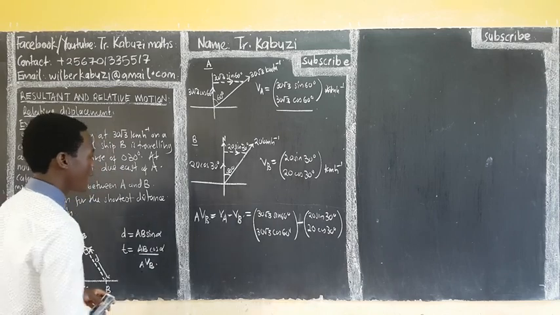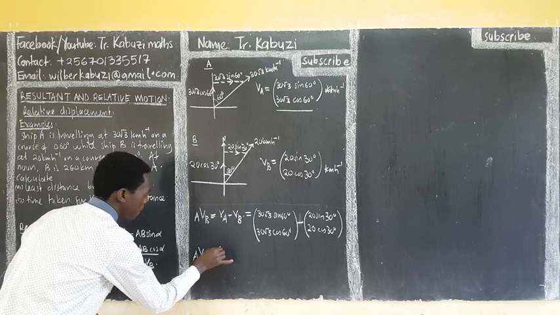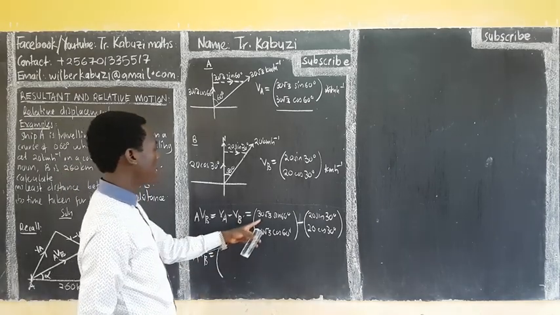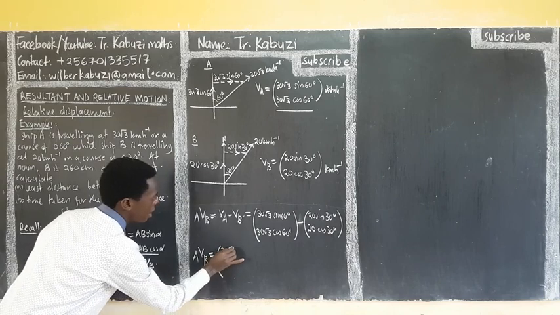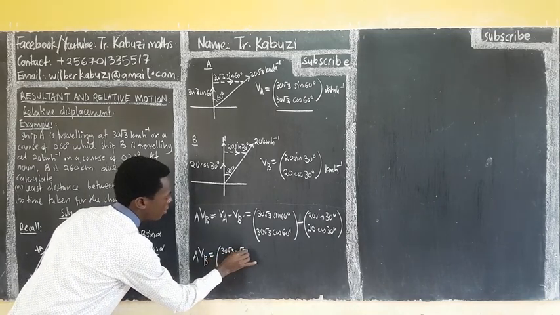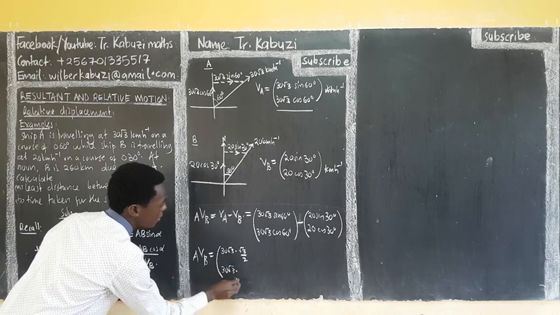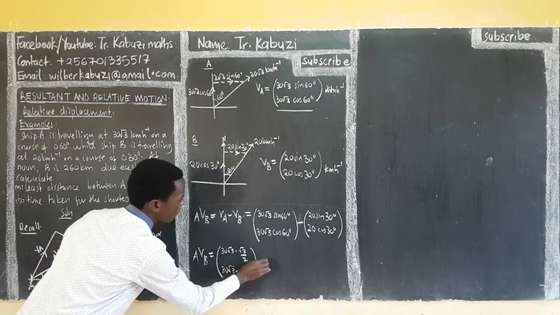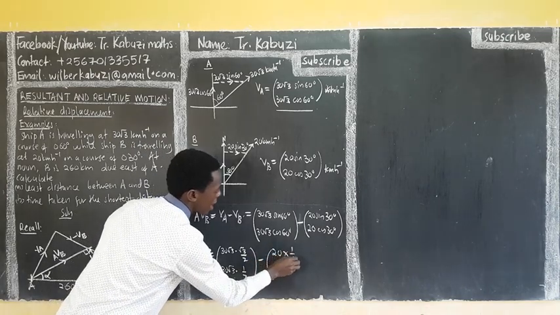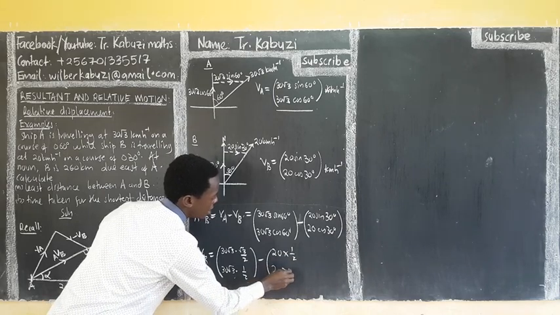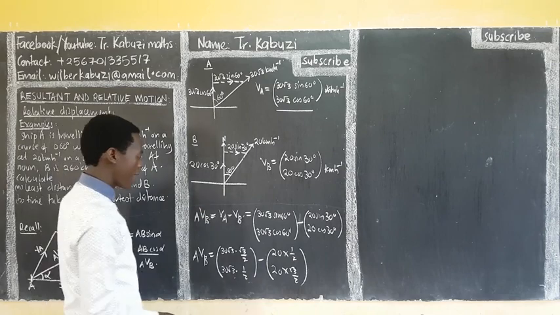Okay, so from there we can simplify and get our A relative to B. We can simplify that as 30√3 times √3 over 2, then 30√3 times a half, then minus 20 times a half, then 20 times √3 over 2. So that's how we can simplify.